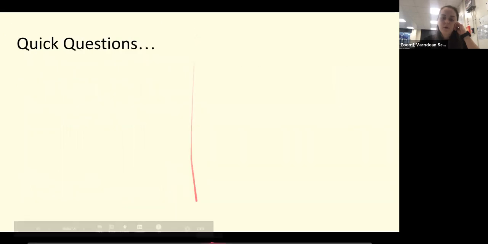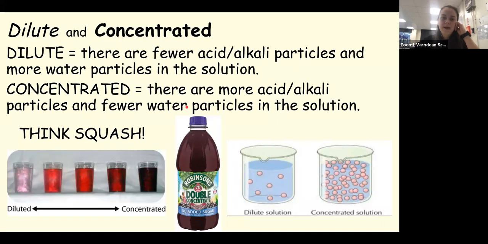So just one more quick bit here. So we've got dilute and concentrated, which we also need to know. So a dilute solution is something where we've got just a few acid or alkali particles and lots of water. And then a concentrated one is where we have more acid or alkali particles and just a few water particles in the solution. So a way to think about this is if you think about your squash that you might have at home.